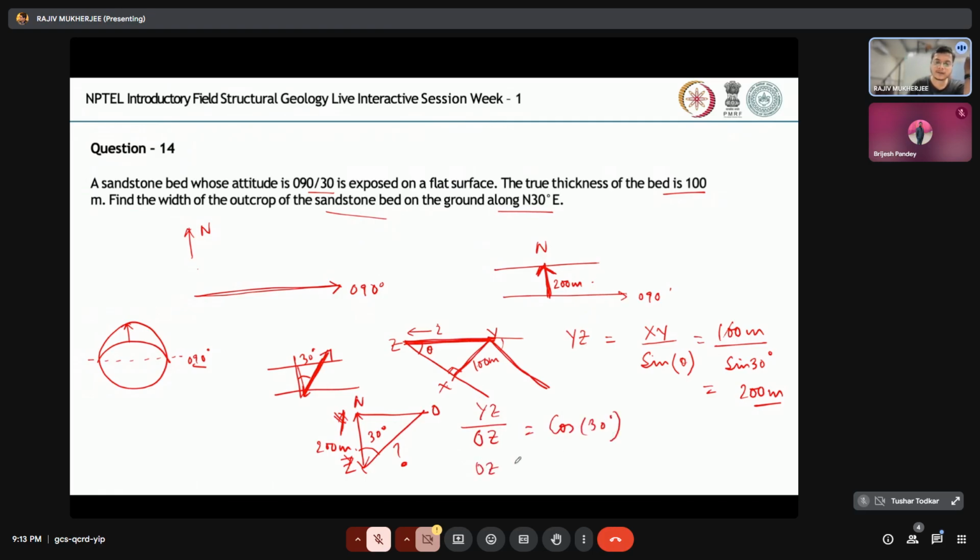Then OZ will be YZ by cos 30 degrees, and that gives us a value of 231 meters approximately.